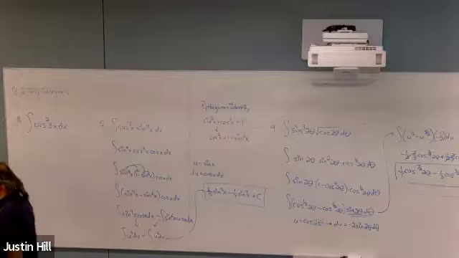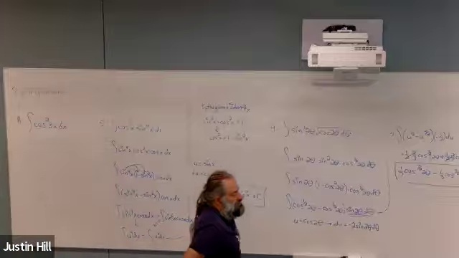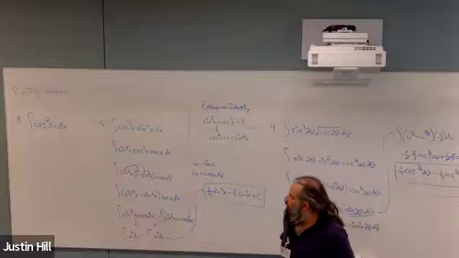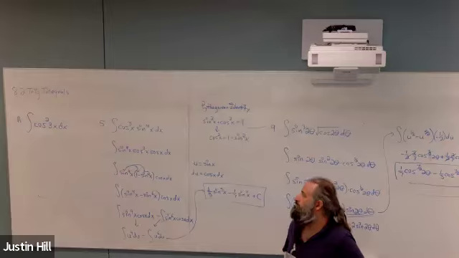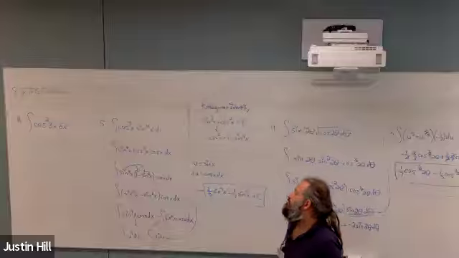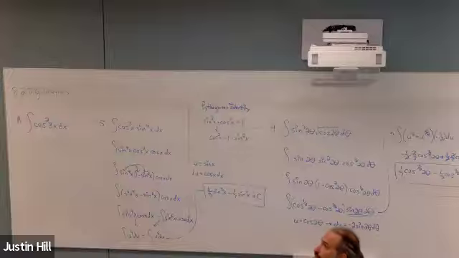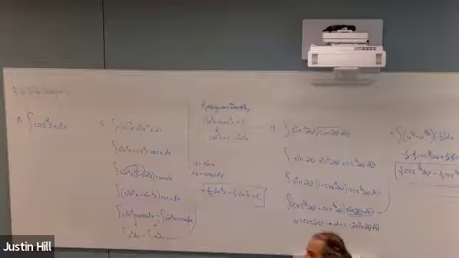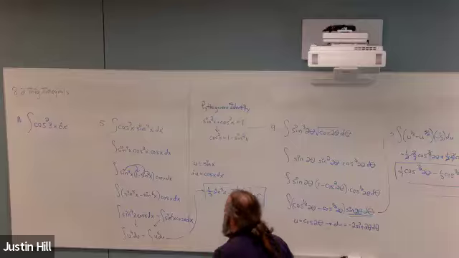So go back, look at your other trig identities. Is there another trig identity that involves cosine squared? Wait a second, there might actually be two of them that are useful here. Yeah, there's at least one that's useful here.